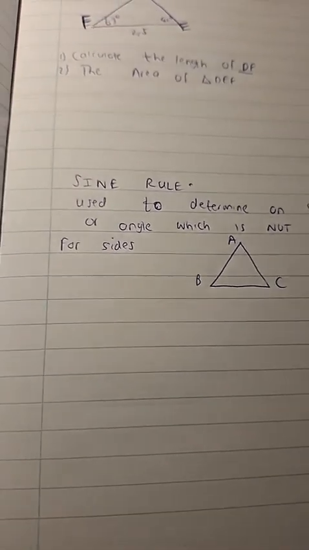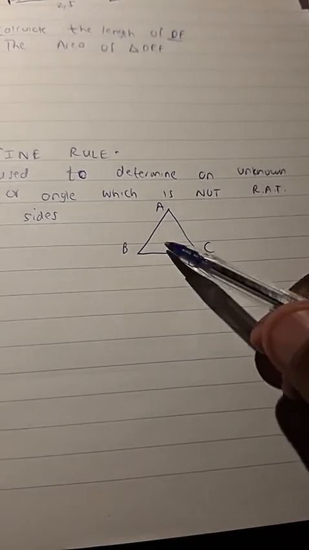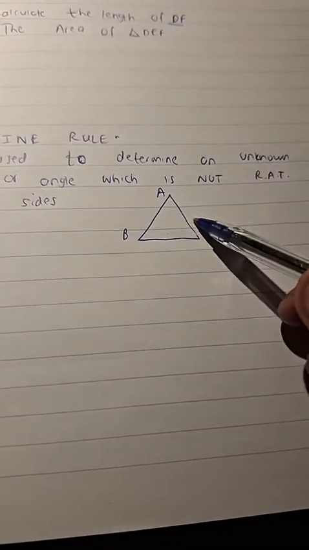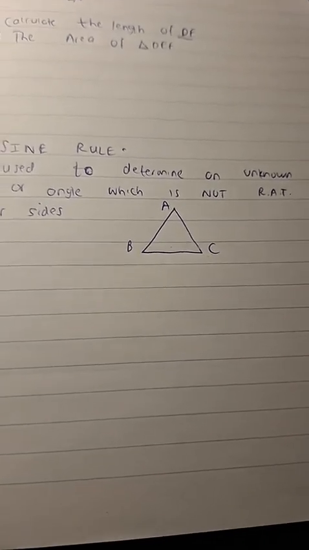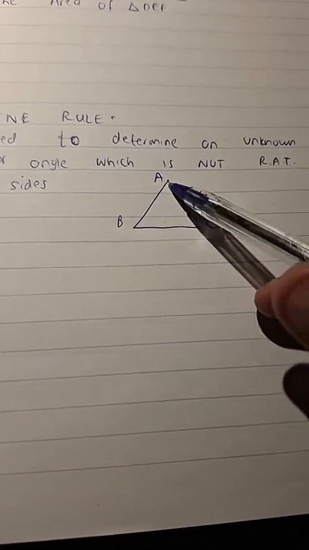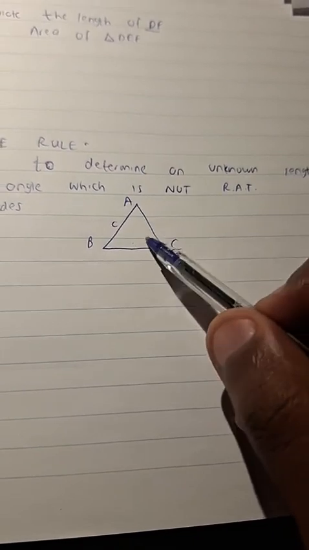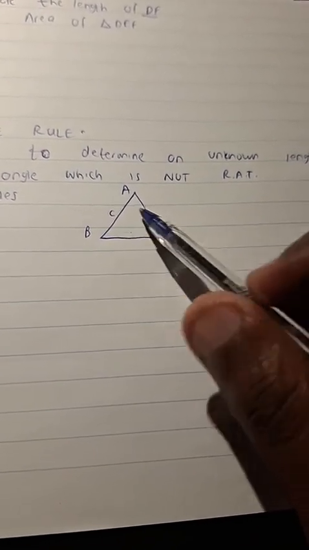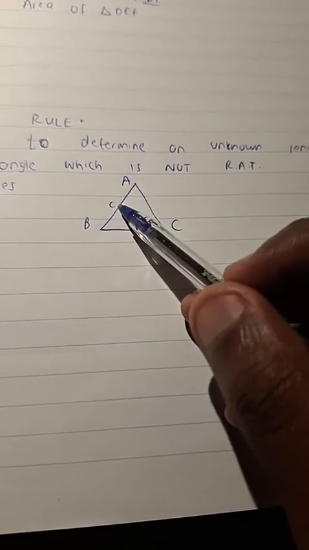All right. Personally, I don't really like naming the sides according to the given angles personally, but I'm going to do it anyways. We call this side AB as small letter c because it's opposite the big angle C. So we label AB as small letter c.